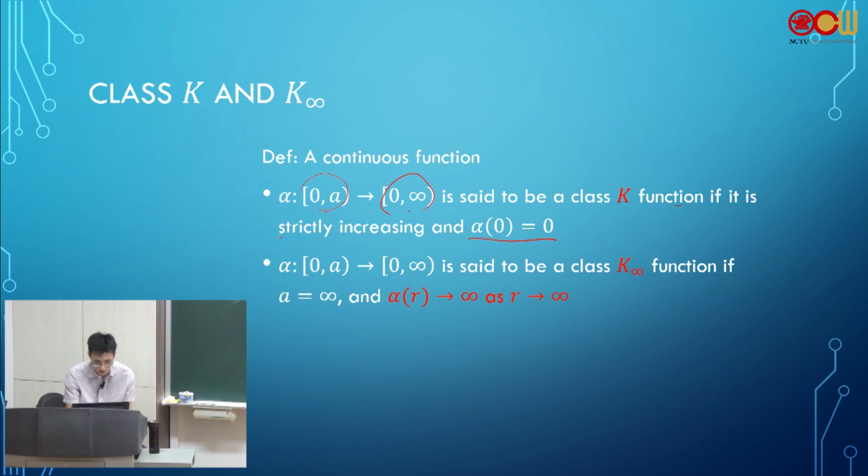The second condition is built on top of the first one. Class K infinity means that this alpha function is defined from 0 to infinity, and the alpha function goes to infinity as r goes to infinity.